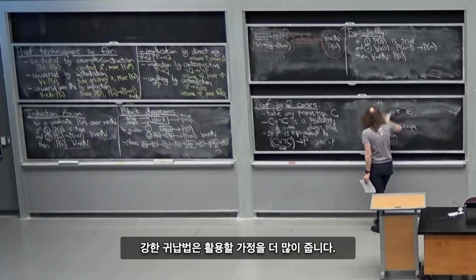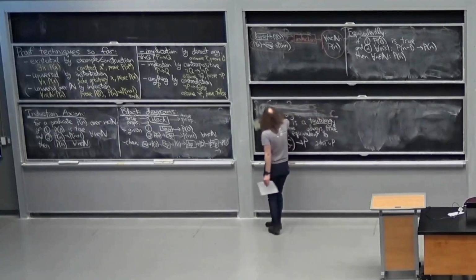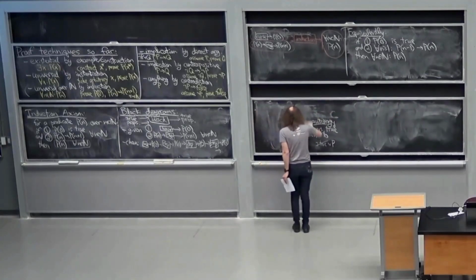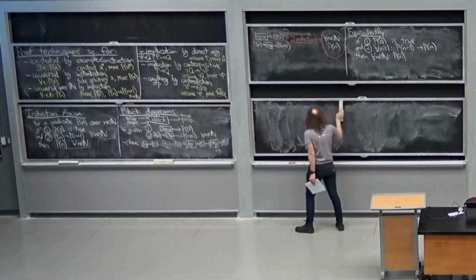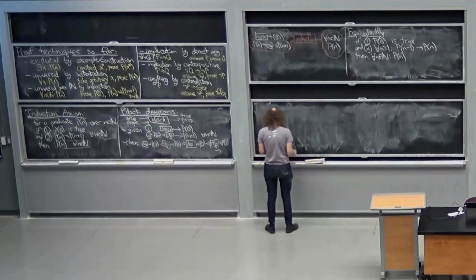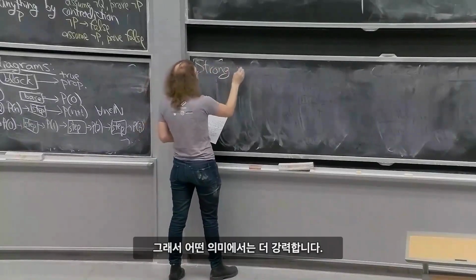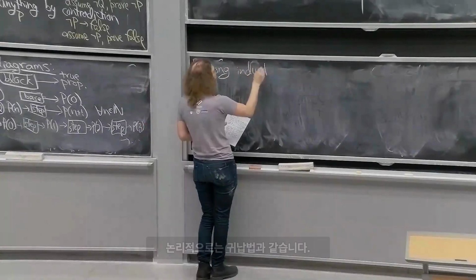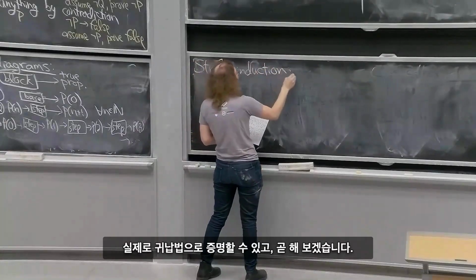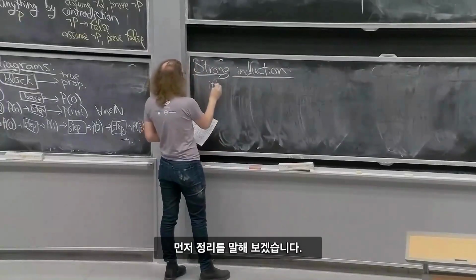Strong induction just gives you more to work with. So it's in some sense more powerful. Logically, it's identical to induction. You can actually prove it using induction, and we'll do that. Let me first state the theorem.